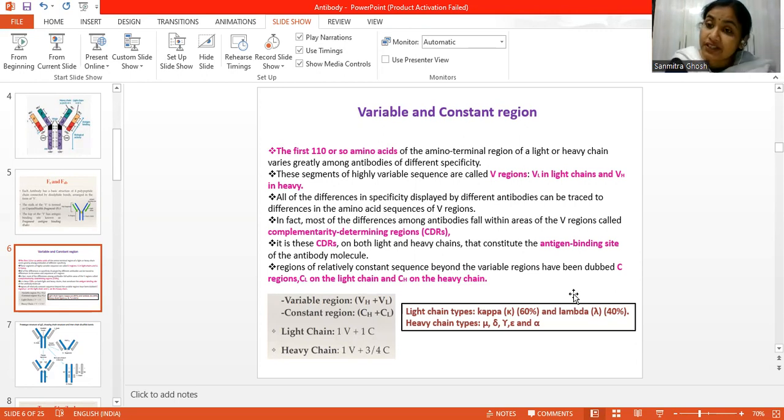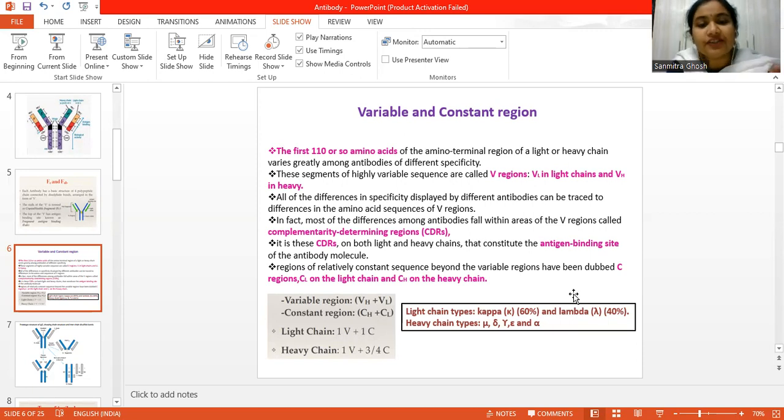So in the variable region there will be variation in the amino acid sequence, and within that variation there are certain regions where most of the variability is concentrated. Those regions are the ones which interact with the antigen, and they are referred to as the complementarity determining regions or the CDRs.